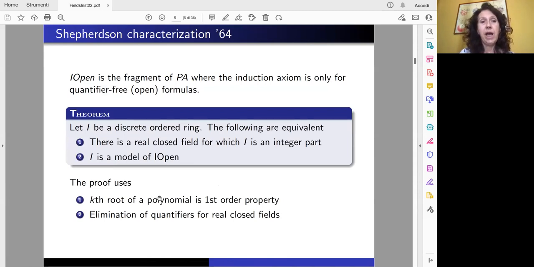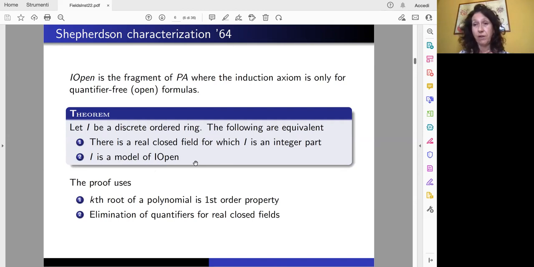As I mentioned, IOpen is the fragment of PA where induction is applied only to quantifier-free formulas, also called open formulas. And there is a characterization due to Shepherdson that the following two are equivalent: a discretely ordered ring is a model of IOpen if and only if there is a real closed field for which I is an integer part.